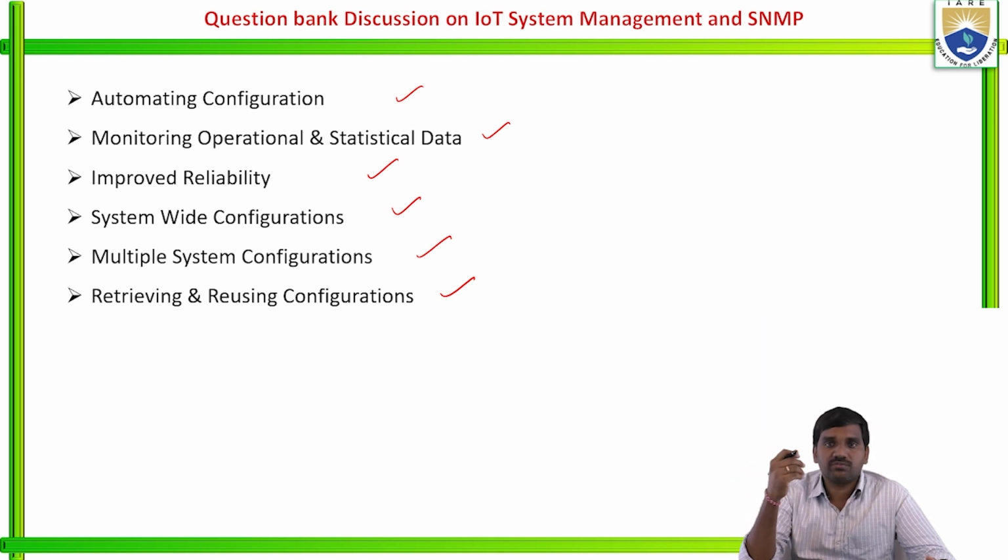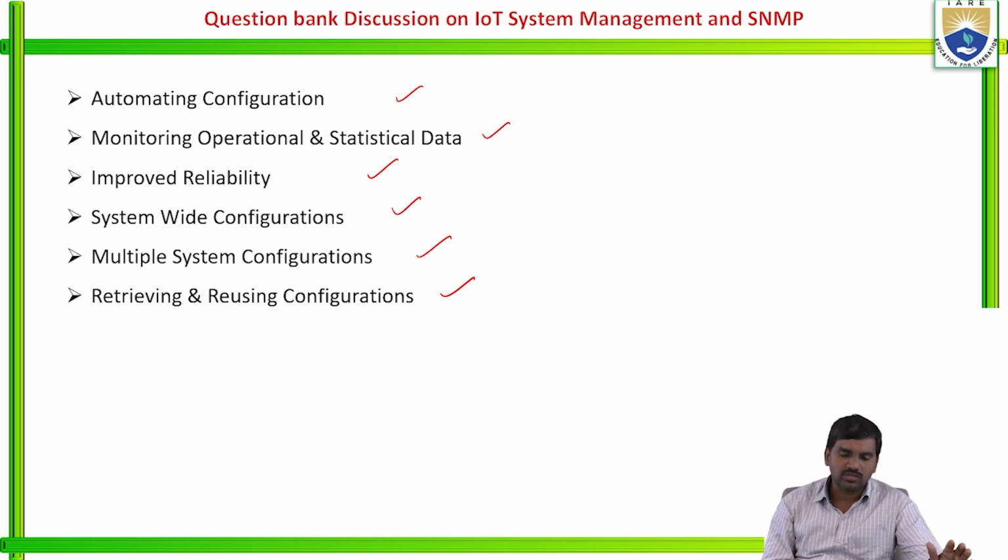And system-wide configuration: it does not deal with a narrow configuration, it deals with a wide range of device configurations, and not only a single one, it has multiple system configurations based on the requirement. Retrieving and reusing configurations also exist in IoT system management.